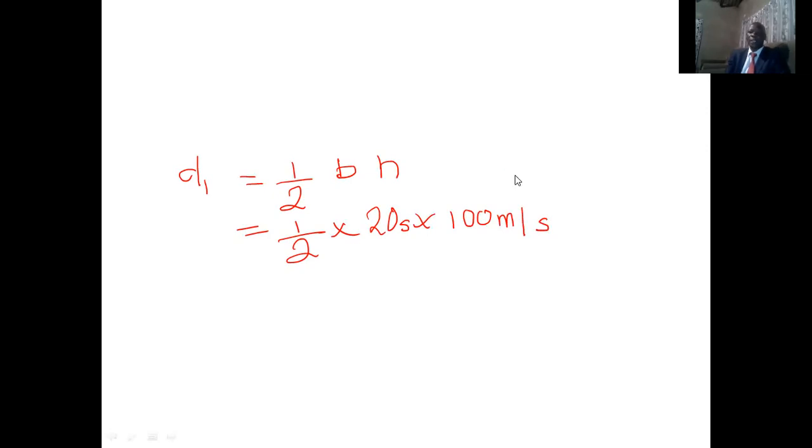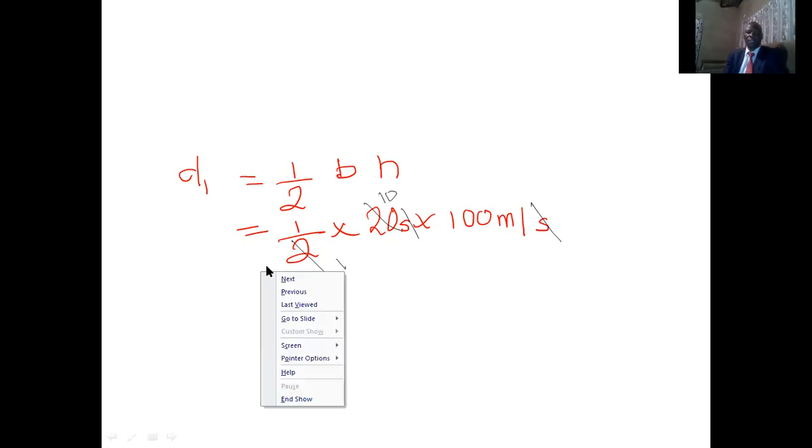Note that here the seconds and this one are going to cancel. And 2 here is 1, and 2 there is 10, which gives us 1000 as our distance 1.